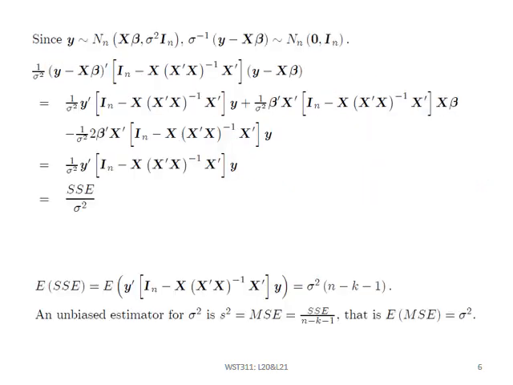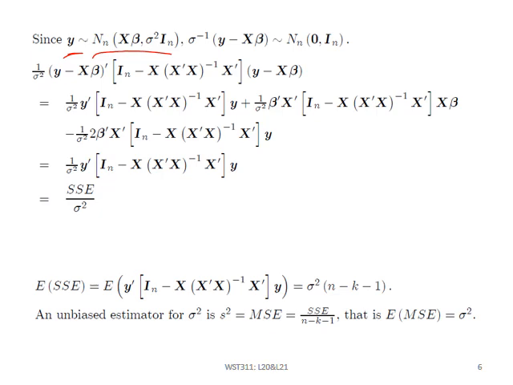In order to apply lemma 2, we identified the idempotent matrix, which we've indicated with an A. We also need to identify a random vector, y, which follows a multivariate normal distribution. We know from the assumptions of multiple linear regression that y, the dependent variable, follows a multivariate normal distribution of dimension n with expected value x beta and covariance sigma square identity matrix of dimension n.